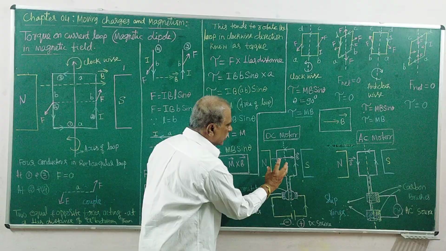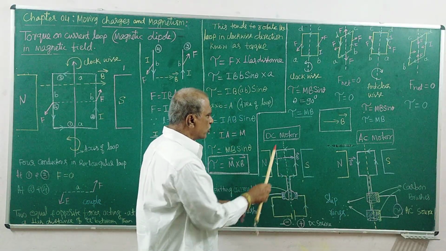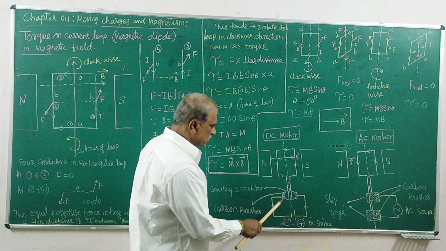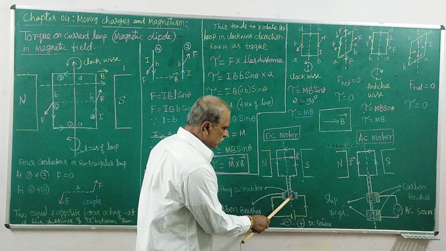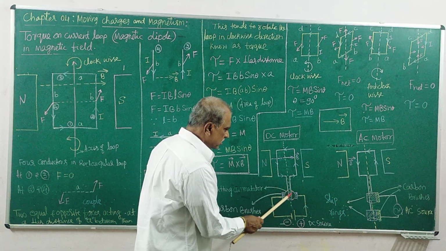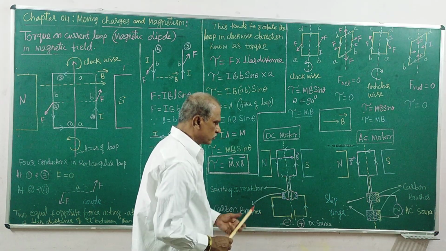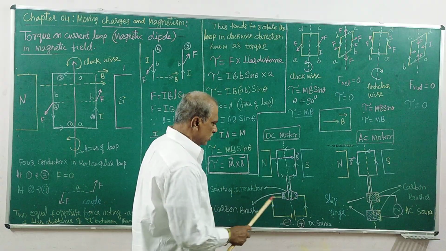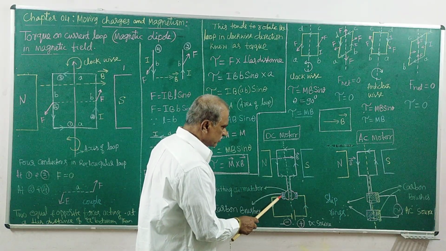While the loop rotates about its axis, the commutator also rotates, since it is fixed to the loop. But the brushes are fixed.